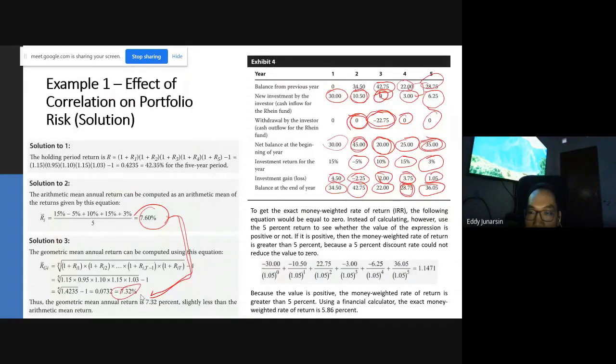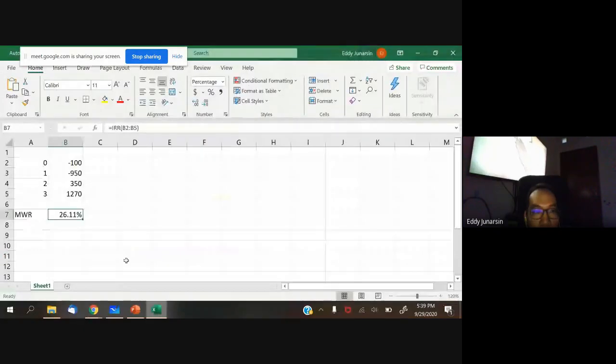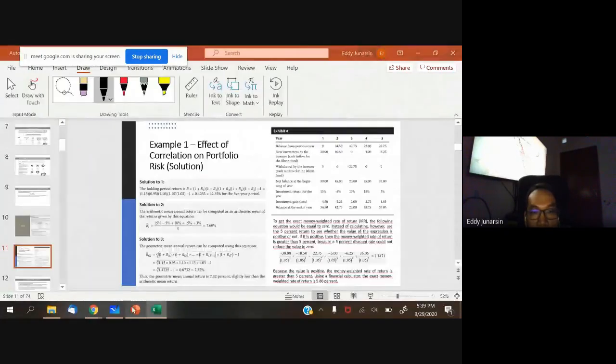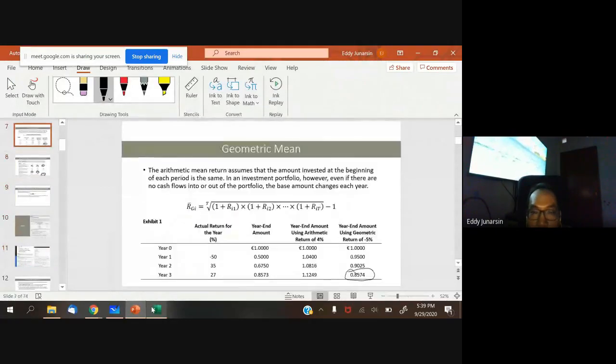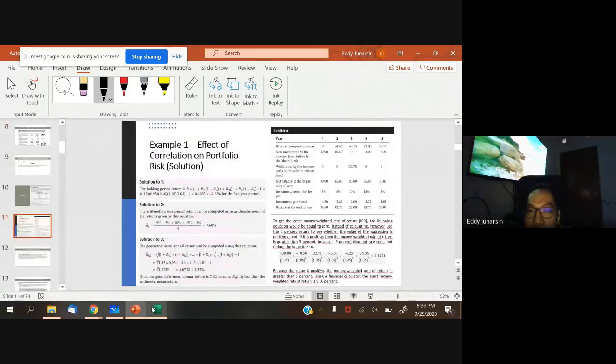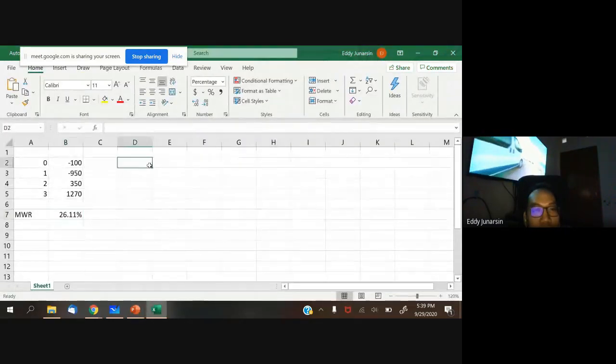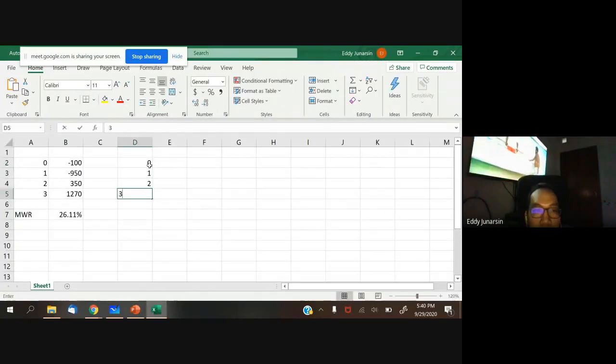We got nothing here. So we need to put it into our calculator. Look at it again. Did you write down the numbers by any chance? I deleted it. What are the numbers? I don't remember.